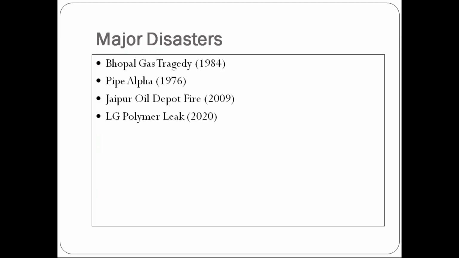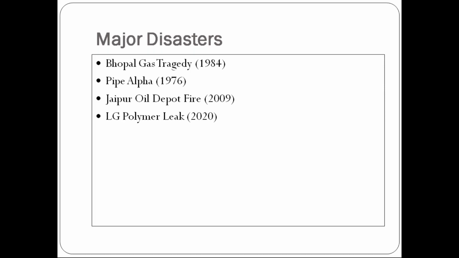Friends, before we start the subject, many of the participants may know about the major disasters that have happened in India and in other parts of the globe. One of the worst disasters is known as the Bhopal gas tragedy.